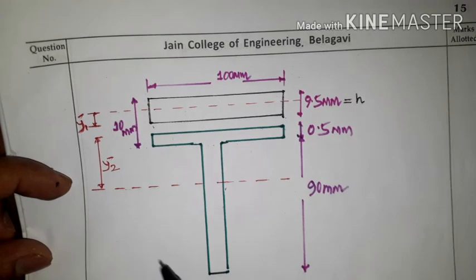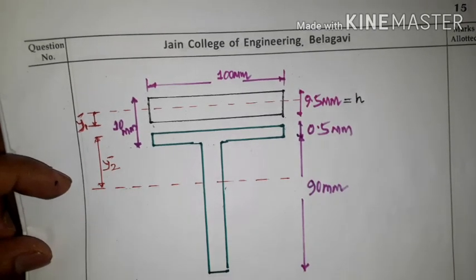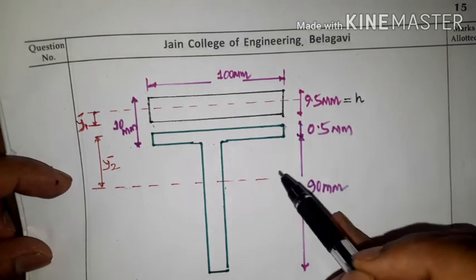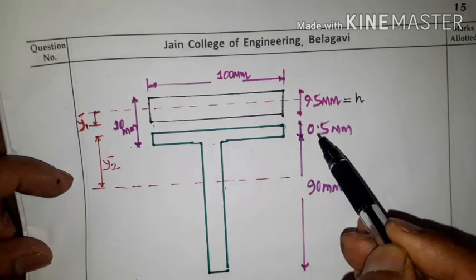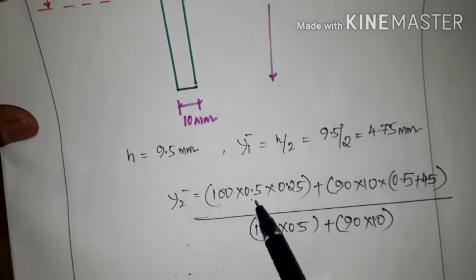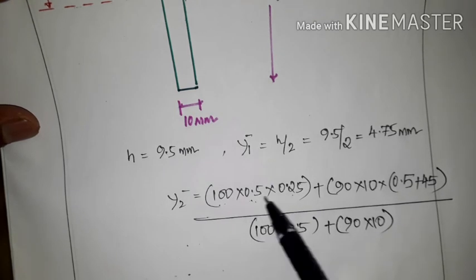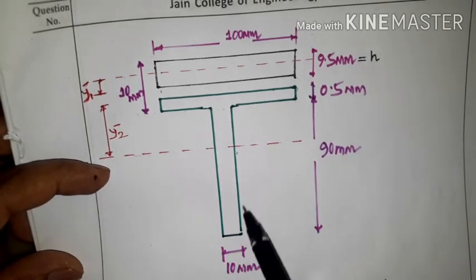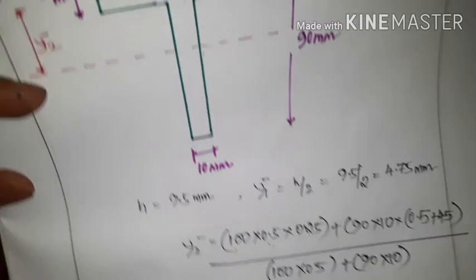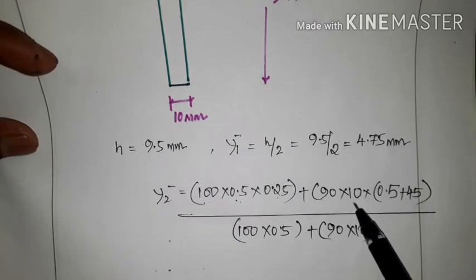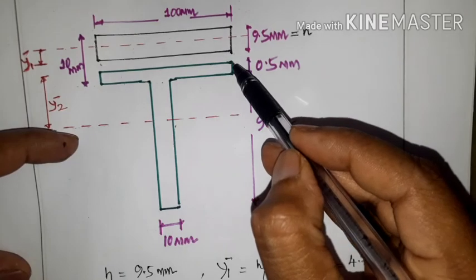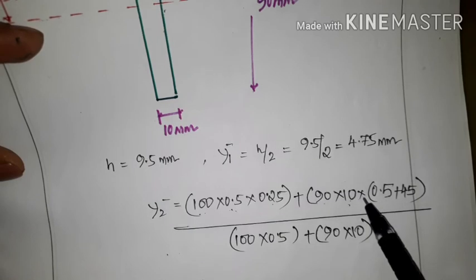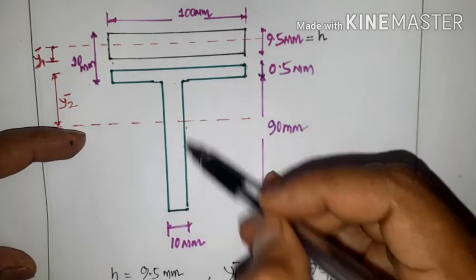So we are going to find out the y2 bar for the part below equal area axis. So this is 100 into 0.5, and because it's a rectangular section, it is 0.5 by 2, correct? So 100 into 0.5 into 0.5 by 2, which means 0.25, plus this part is again a rectangle, so 90 into 10 into 0.5 plus 90 by 2.